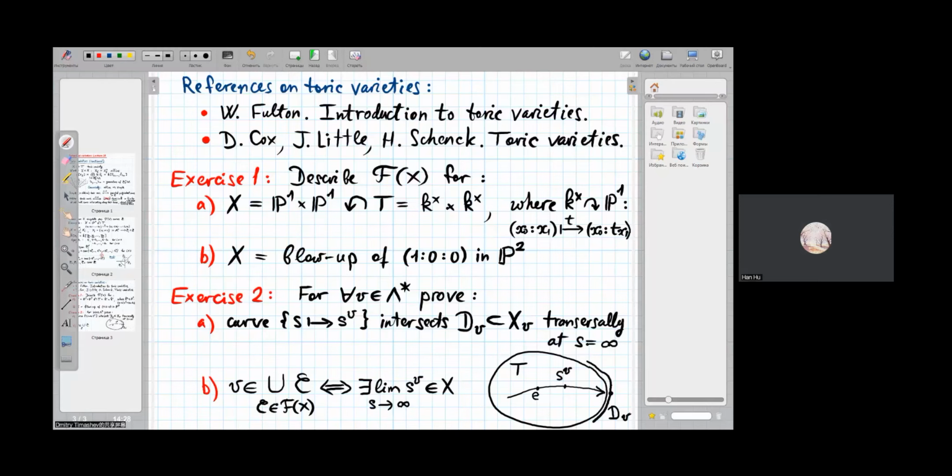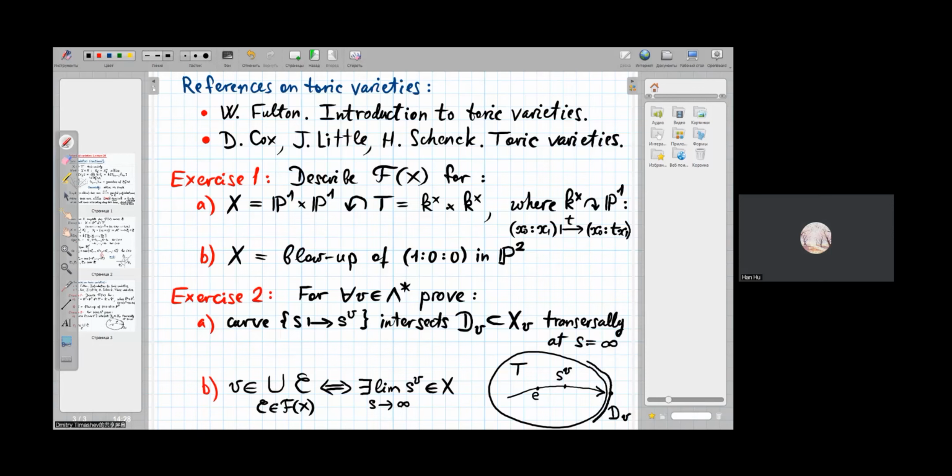This will be about the vector minus v, in fact. And the existence of a limit means that the map from the punctured affine line to X extends to a morphism, a regular map, from the projective line to X. This is what it means algebraically that such a limit exists. Okay?